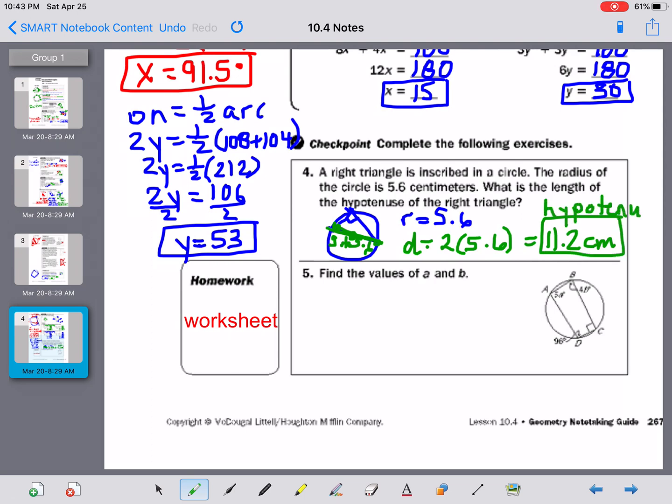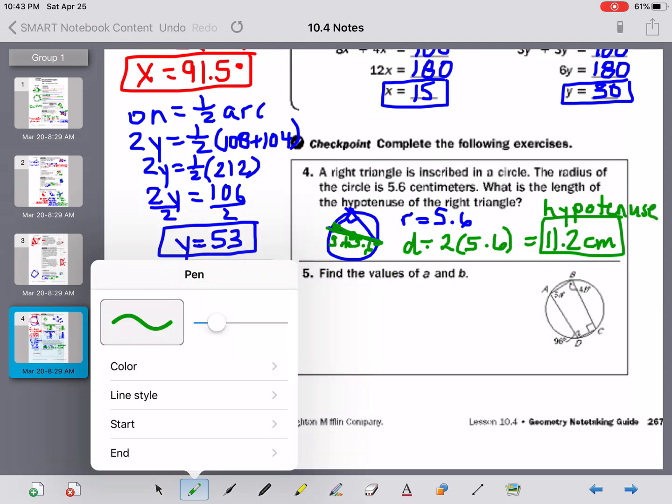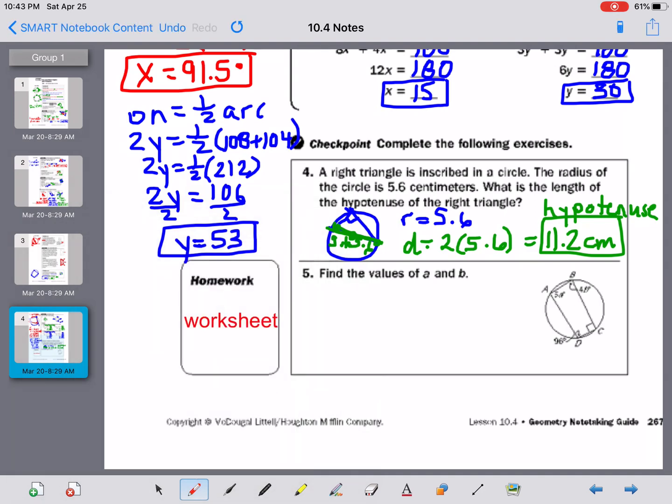All right, last and final example here on our notes today. Find the values of A and B. Well, I have a circle, and inside is an inscribed quadrilateral, and I know the rule is opposite angles are supplementary. So I'm going to start with A over here and C over here. They're opposite of each other.